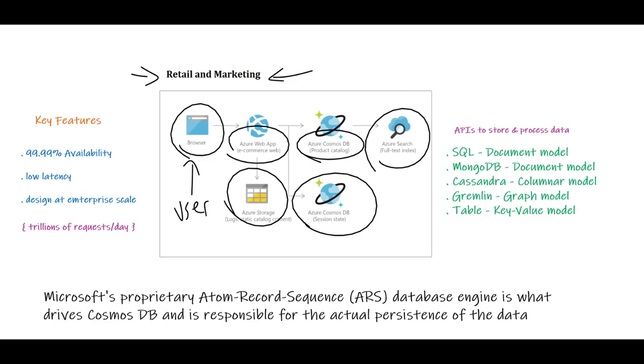Remember, this is global scale, and it's immediate, low latency, high availability. Trillions of requests can be processed per day. All of that applies. So this is the retail marketing scenario.